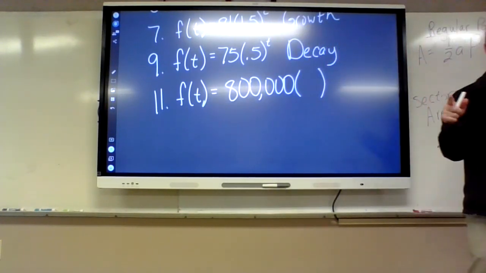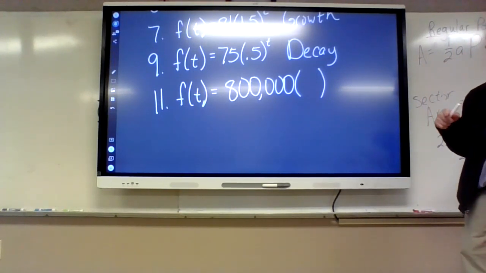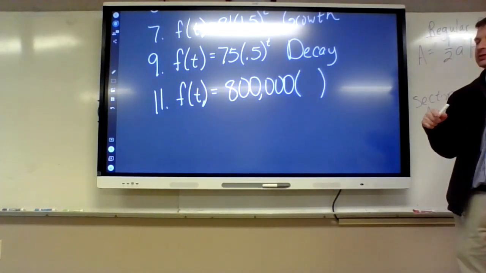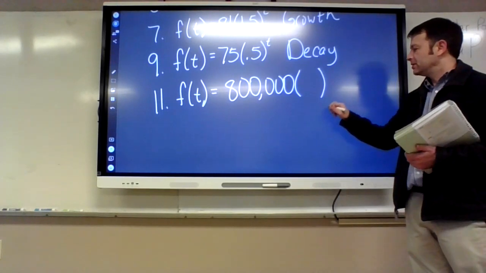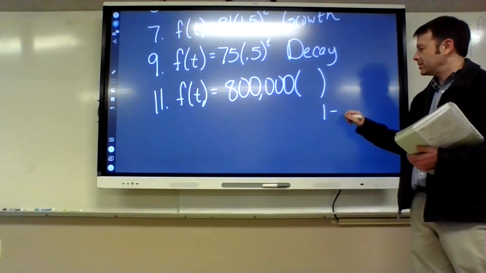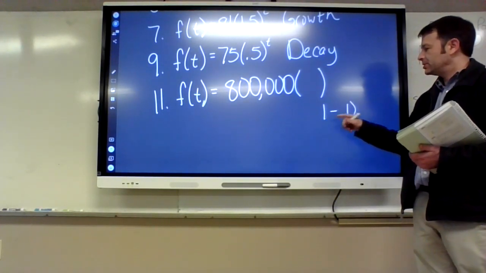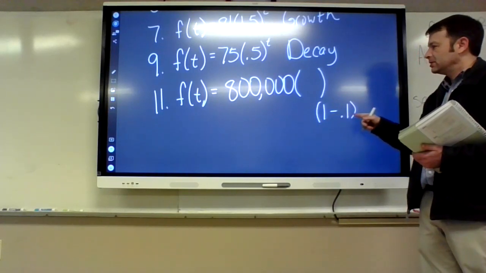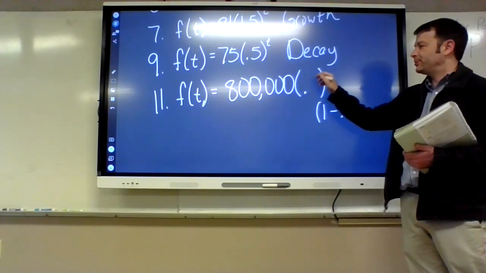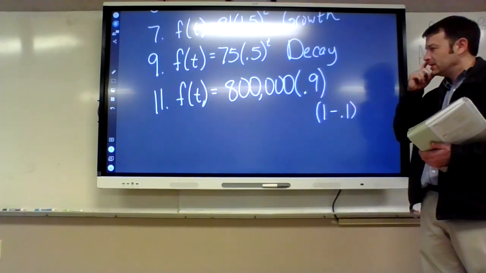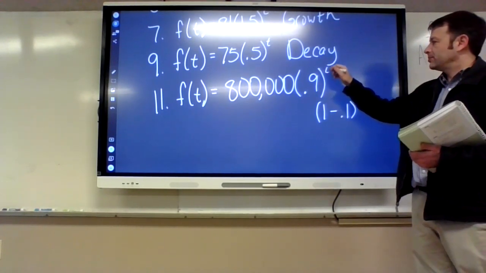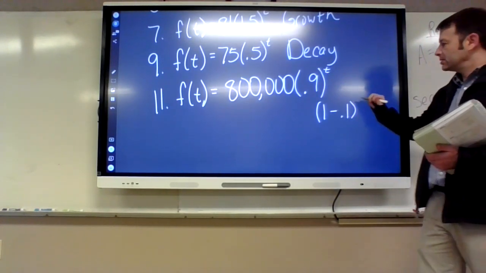So it's supposed to decrease by 10%. So it's 1 minus what? 0.1, which equals 0.9. This was my other example from the beginning of class. And then we don't know what the time is again, so we'll just do that.